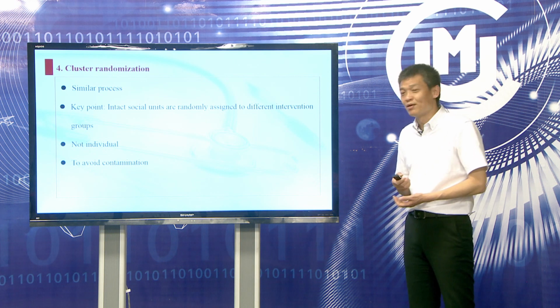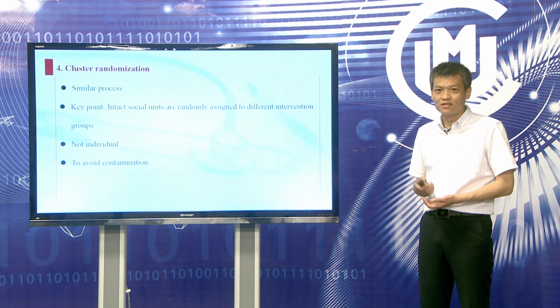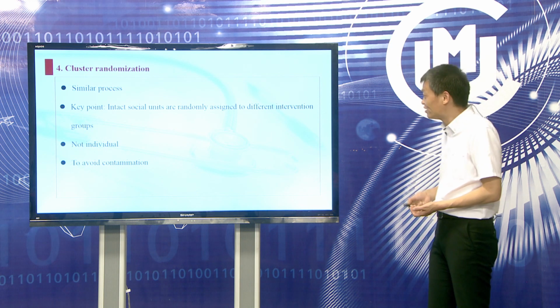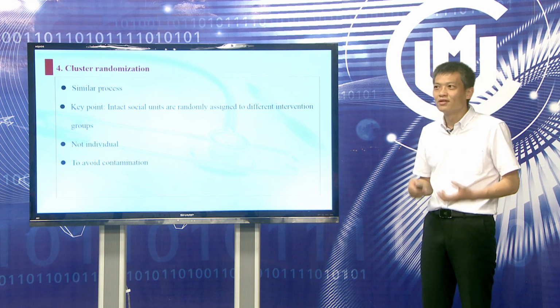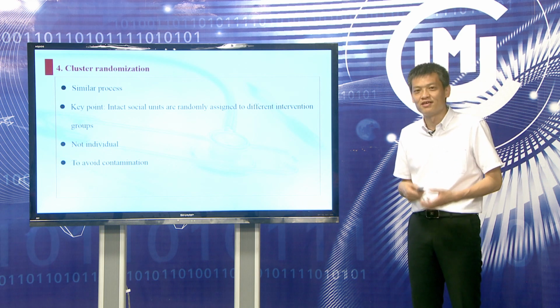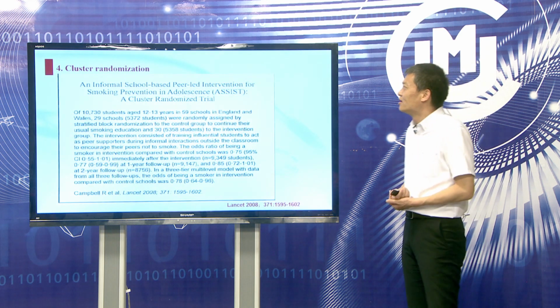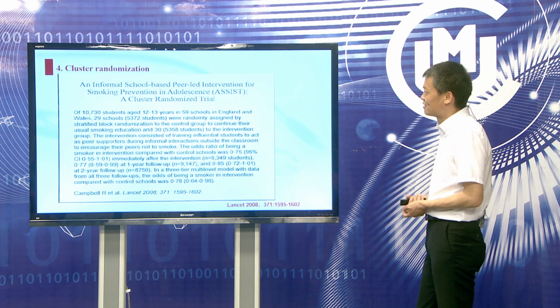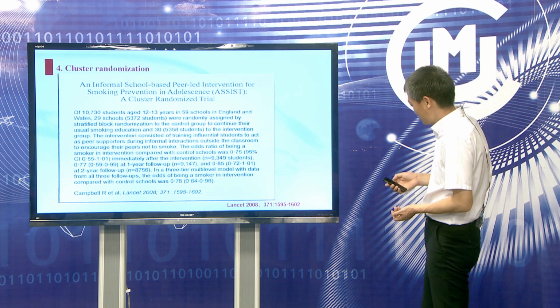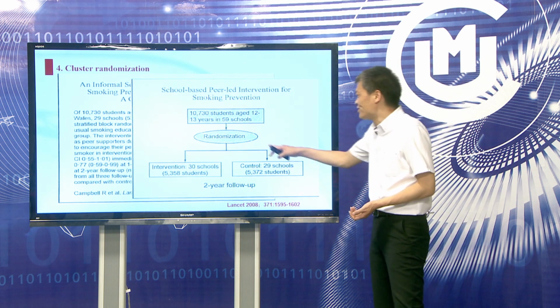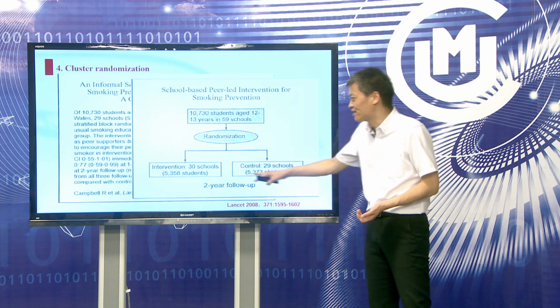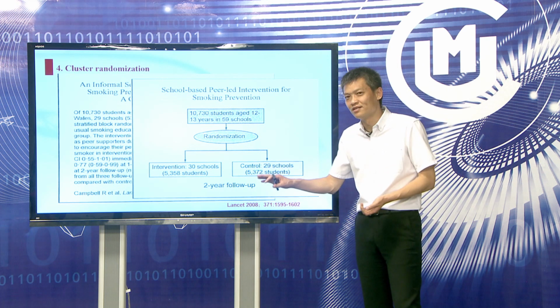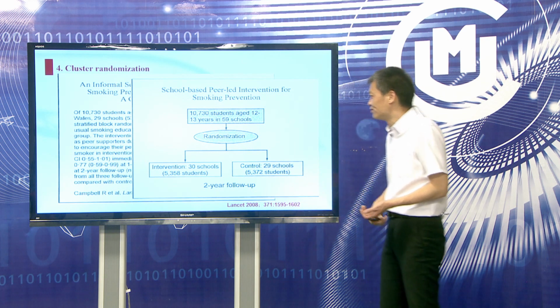Cluster randomization helps us avoid contamination, which is a very common bias in clinical trials. This is an example of a cluster randomization trial: an informal school-based peer-led intervention for smoking prevention in adolescents. The randomization units are the schools, that is, groups of schools, not the individuals.